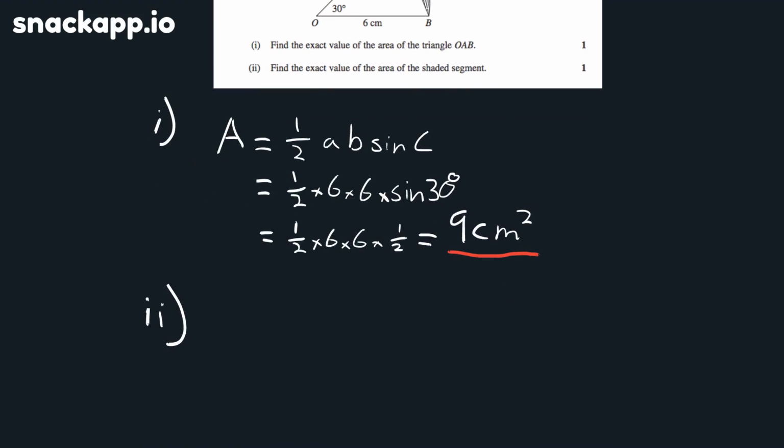So the area shaded is going to be equal to the area of the circle segment minus the area of the triangle. So the area of the triangle we worked out here, which is just 9 centimeters squared. But what we need to work out before we can use this equation is the circle segment, okay?